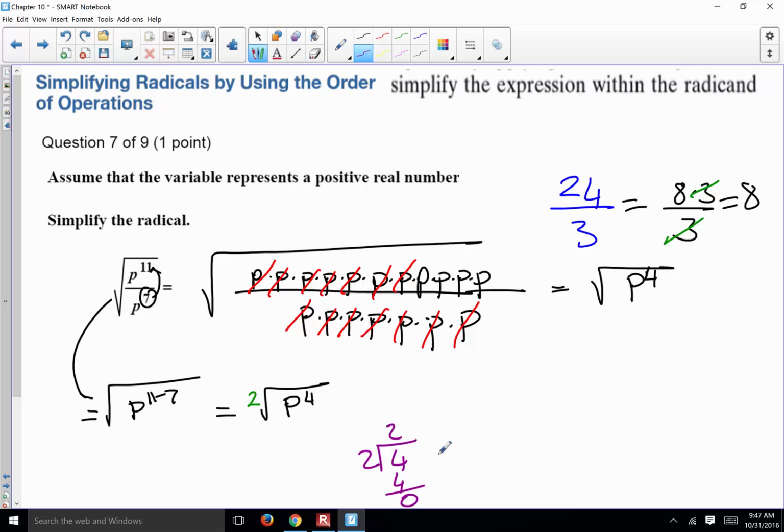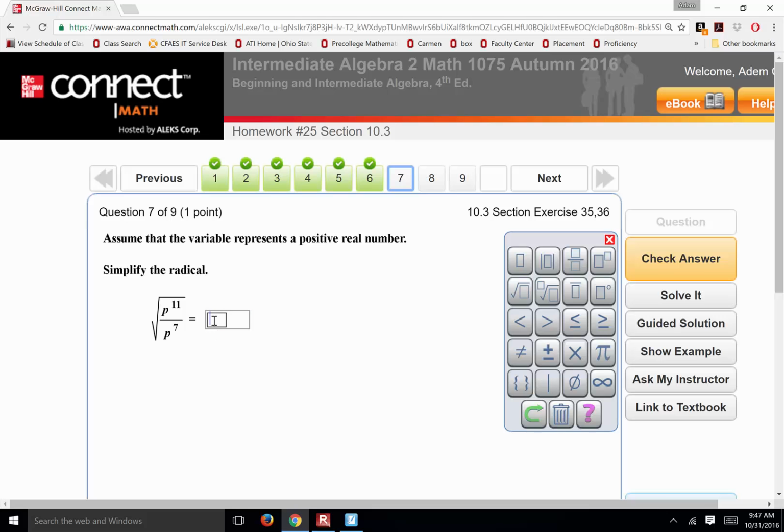Twice, no p's left. So this is p squared. That's it. Okay? So it wasn't that bad, huh? Just subtract the powers and save the prison, the guy with enough power from prison.